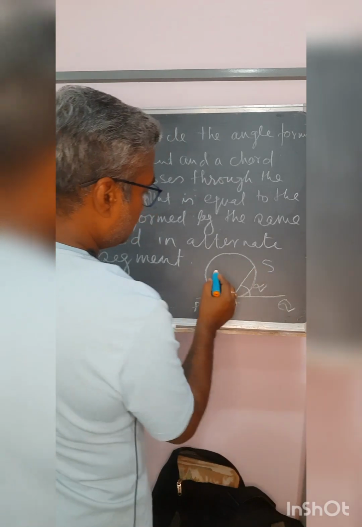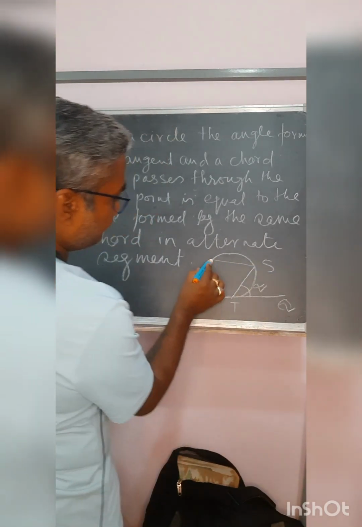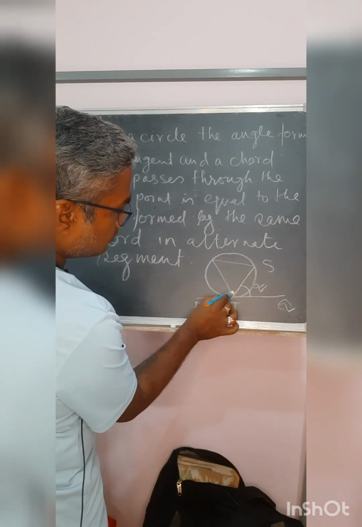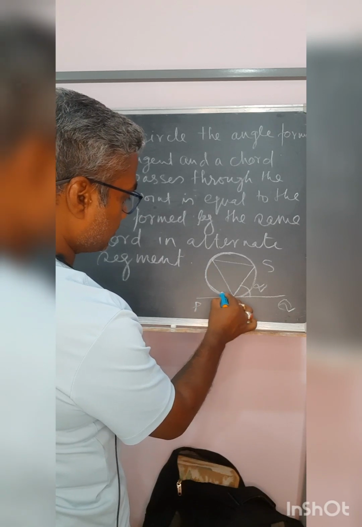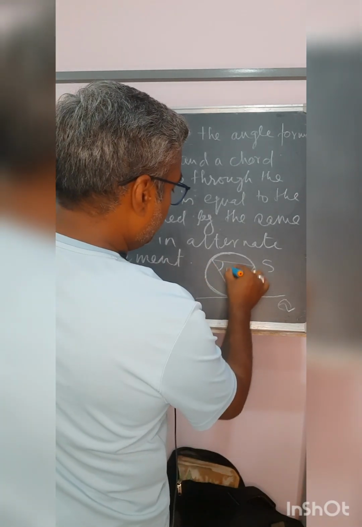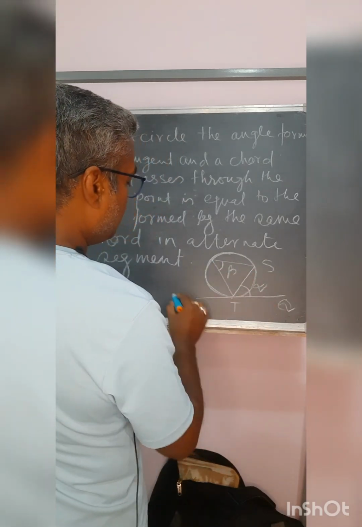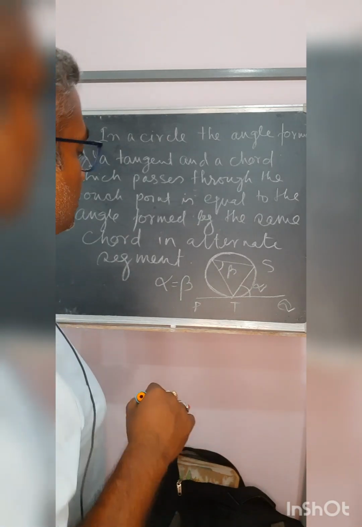Now the angle formed by this chord in the other, alternate segment, let us say beta. Then alpha is equal to beta, that has to be proved.